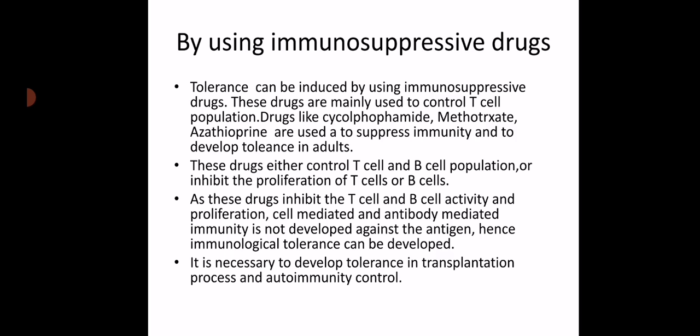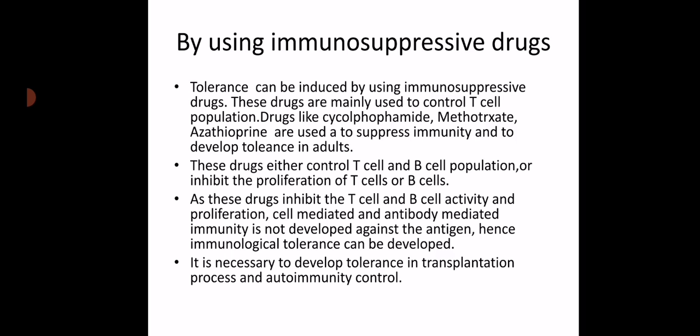They are going to control the population of T cells, B cells, or they are going to control the spreading, development or proliferation of T and B cells. If there is no proliferation, the further subsets and plasma and memory cells from B cells will not be produced.